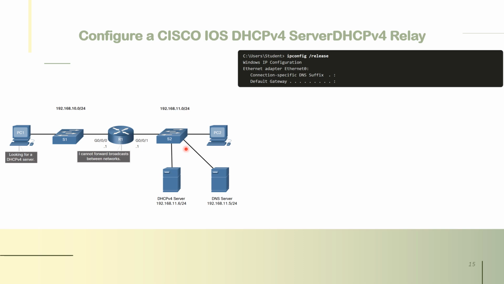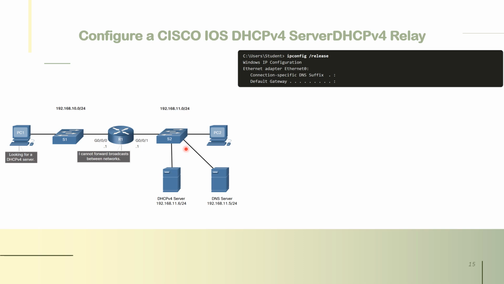So, the first thing you have to do is ipconfig release. Here it will be done in the computer, which means the PC1 is a Windows computer. The network administrator releases all current IPv4 addressing information by using the ipconfig/release command.